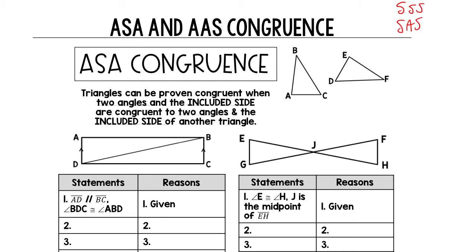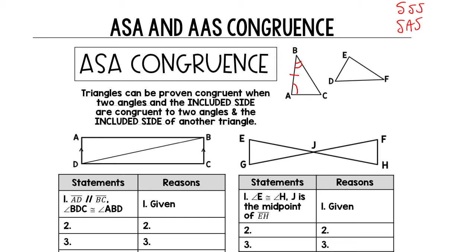Triangles can be proven congruent when two angles and the included side are congruent to two angles and the included side of another triangle. So that means if it's angle A and angle B, then it's the side between them, side AB.